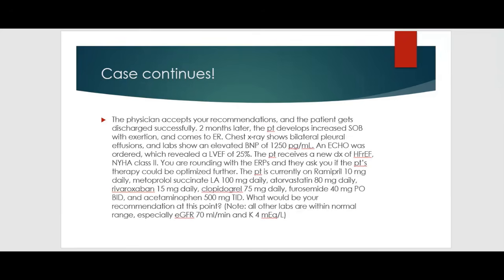The last medication I would recommend for this patient, which is also a newer medication and also in the heart failure guidelines, would be the SGLT2 inhibitors, specifically dapagliflozin. The studies showed how important it is to reduce hospitalization in heart failure patients and reduce cardiovascular mortality.